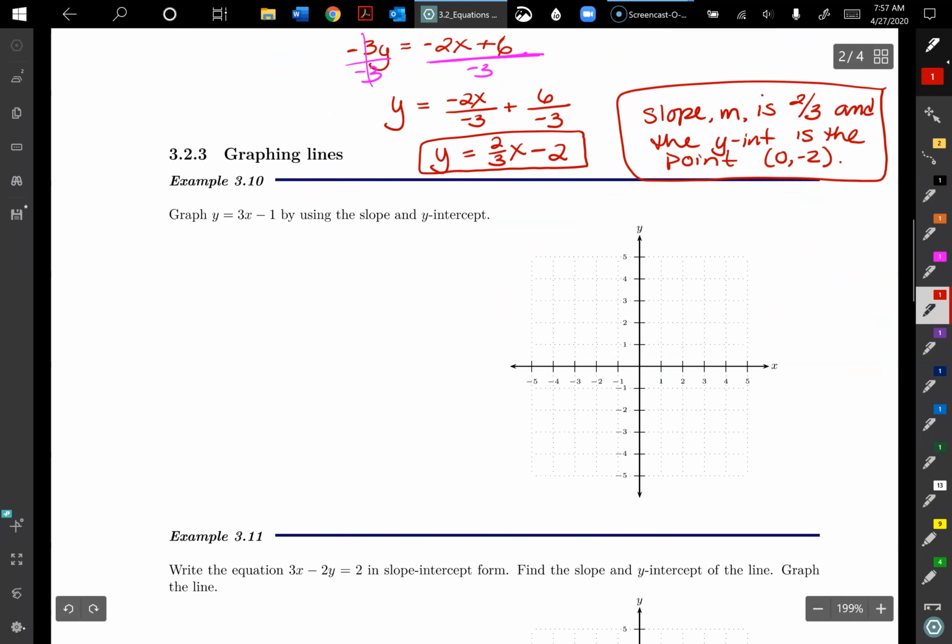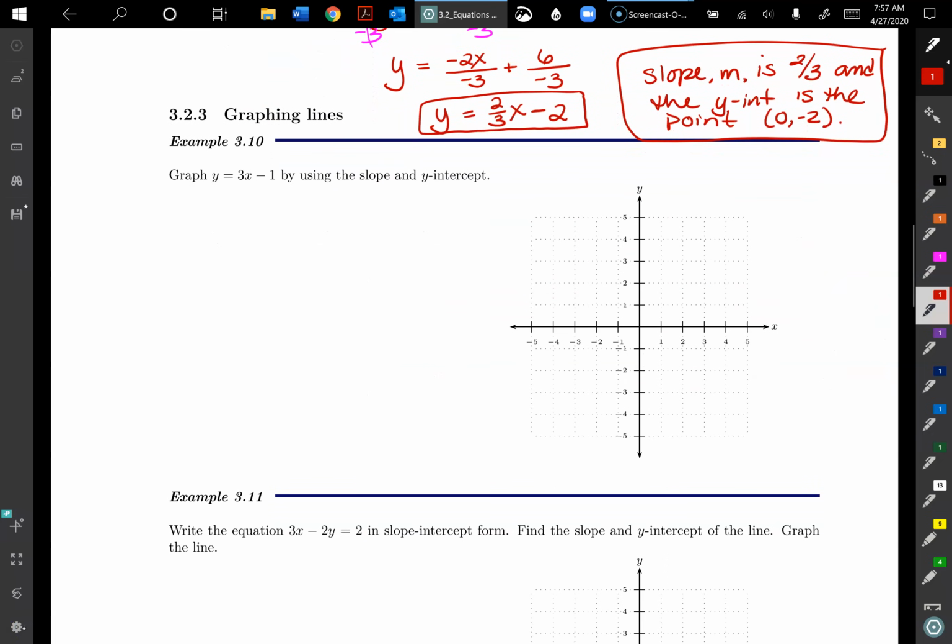Okay, so this next one is example 3.10. Graph y equals 3x minus 1 by using the slope and y-intercept. So we know that m equals 3, or actually 3 over 1.